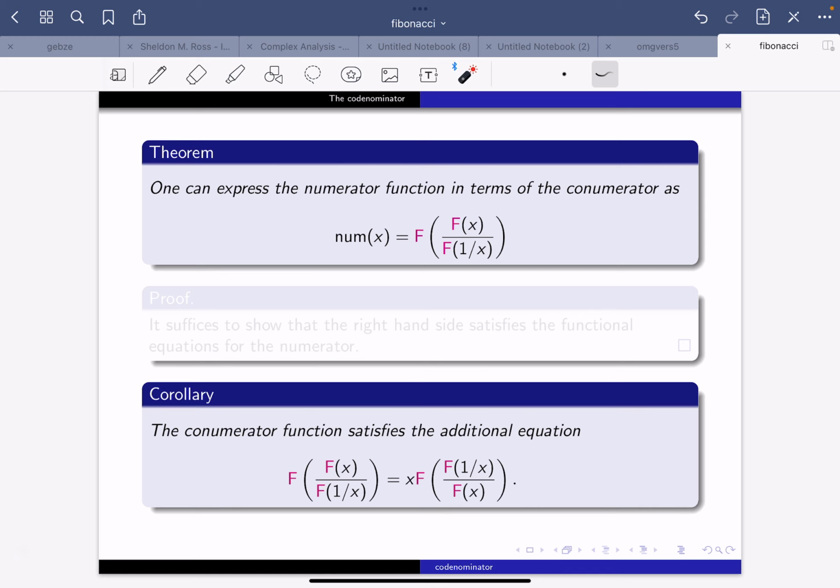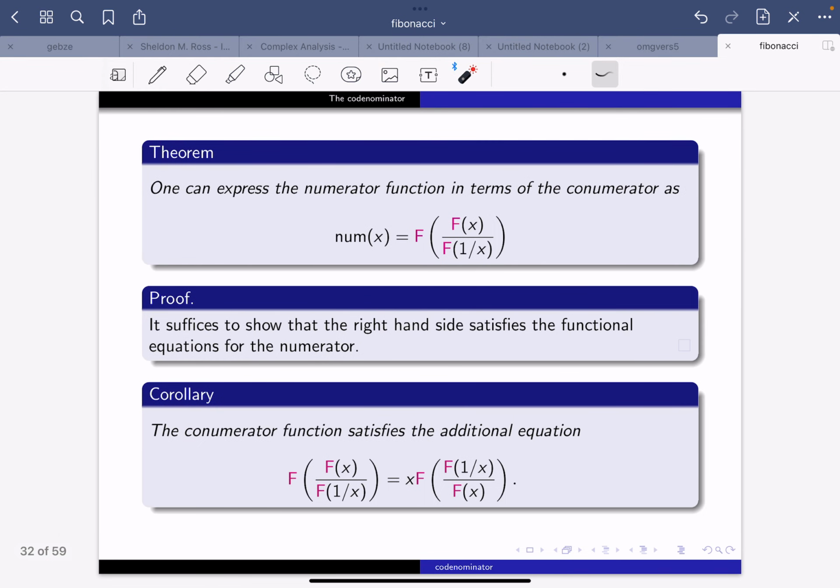Well, what is nice about the codenominator function is that we can express the numerator function in terms of it. The numerator of x equals the codenominator of f of x over f of 1 over x. And this fact has a rather straightforward proof. You just show that this function here satisfies the functional equations for the numerator function.